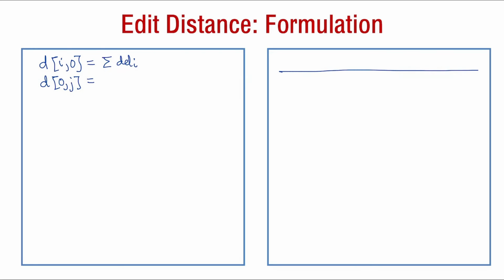So this will be k equal to 1 to I. For each of the elements, for the first element I have deleted the first one, in the second element I have deleted the second one, and so on and so forth. So I am going to incur those costs. Similarly, this k equal to 1 to j will be insert j.